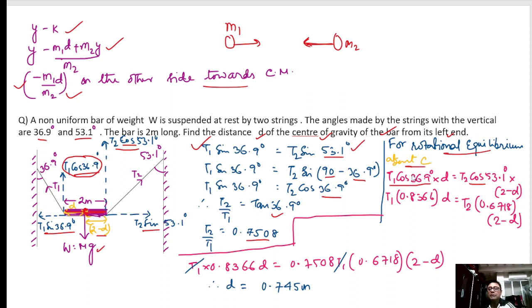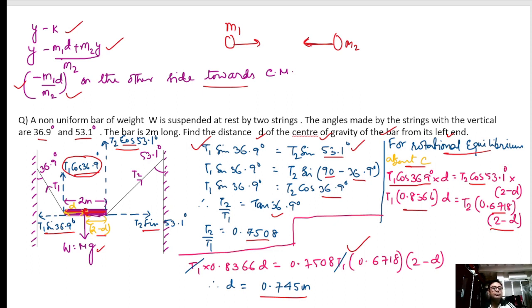So this is the rotational equilibrium. Putting the values of cos 36.9 degree and cos 53.1 degree, we calculate and we get d. That means the center of mass lies at 0.745 meter from the left end.